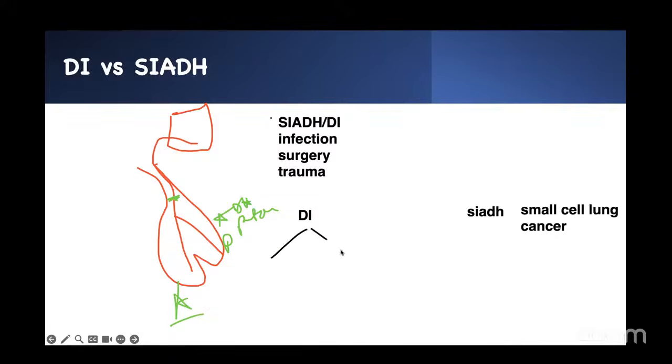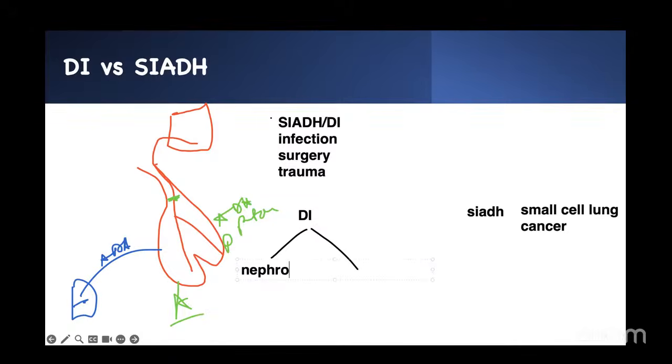There is a central one, and then there's a nephrogenic. That means central is coming from your brain, or nephrogenic is from your kidney, because your kidney is what is responsible. If this is your kidney, the ADH goes to your kidney and they absorb the fluid. Therefore, nephrogenic means your kidney, right?